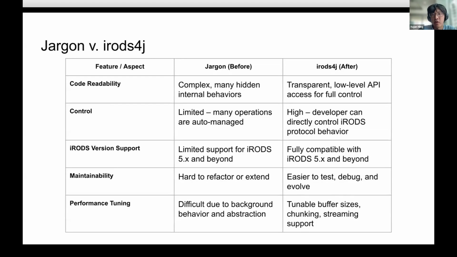Whereas irods4j is easier to test, debug, and evolve, which is a really good solution for the Cyberduck integration. For performance tuning, Jargon is difficult due to the background behaviors of abstractions, whereas irods4j has tunable buffer size, chunking, and streaming support, which I will introduce in the following slides on how we do that in Cyberduck.